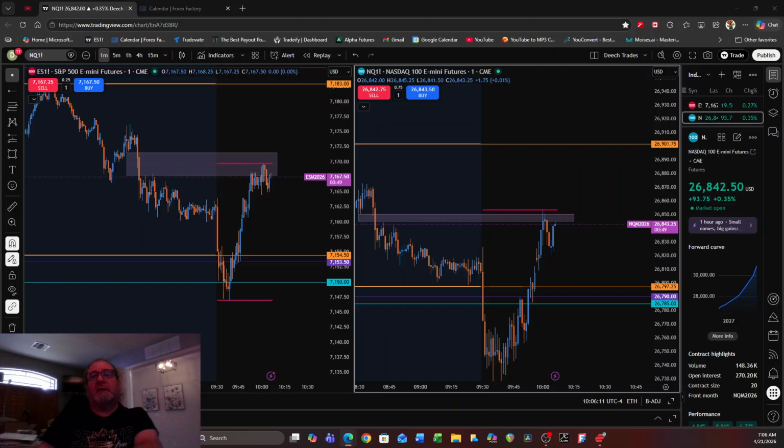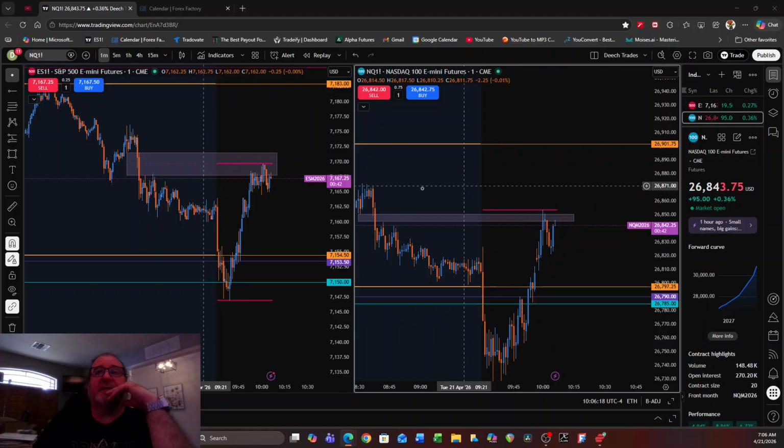I think now at this point we're testing this value gap, and if we do peek it, then our target is going to be right up here.